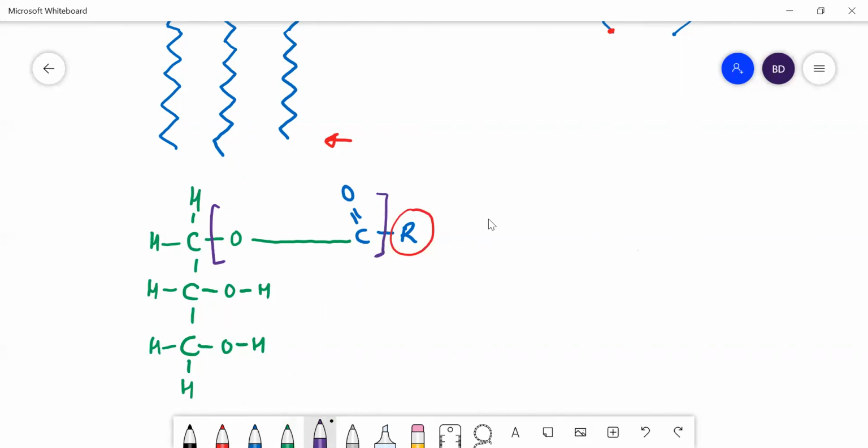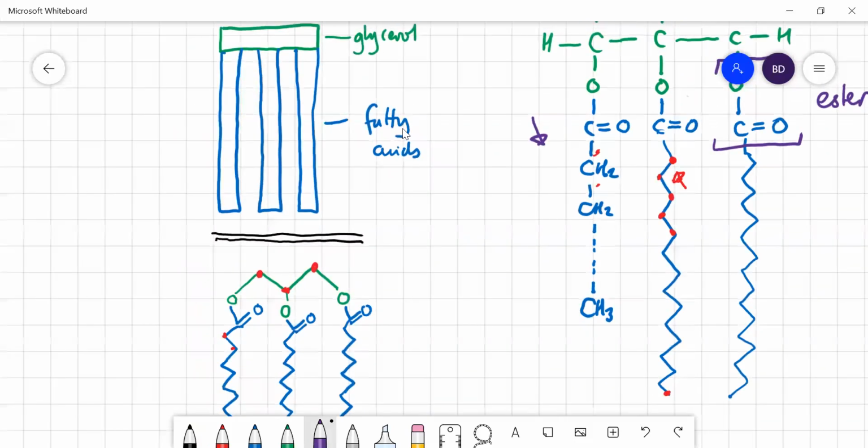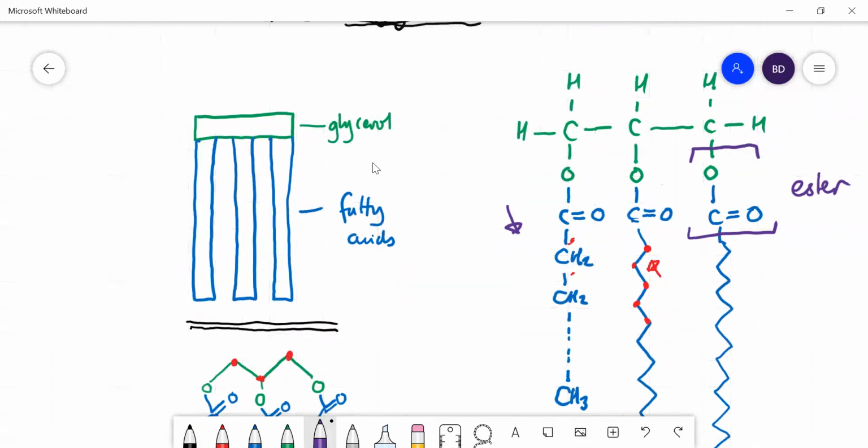Most of the time, we're thinking of fatty acids, and that's why we're thinking of triacylglycerides being the way I've represented it there: the glycerol and 3 fatty acids.